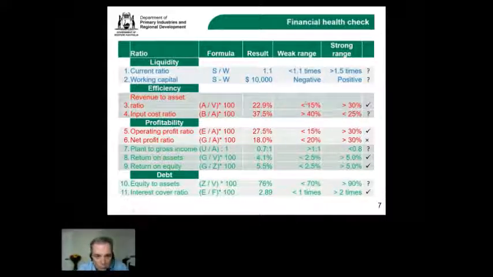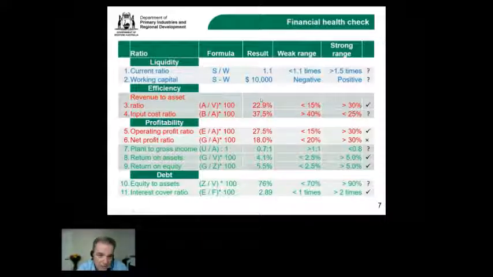The broad benchmarks we have here are between 15 and 30 cents in the dollar. A lot of this will depend upon your enterprise mix, the value you've put on your plant and equipment, and the value of your land. But all those assets you want to use efficiently to generate revenue, and this is a measure of whether you're getting better or worse at that.